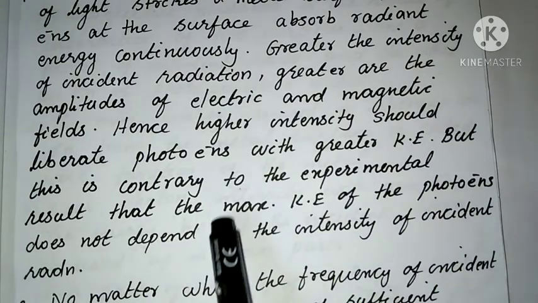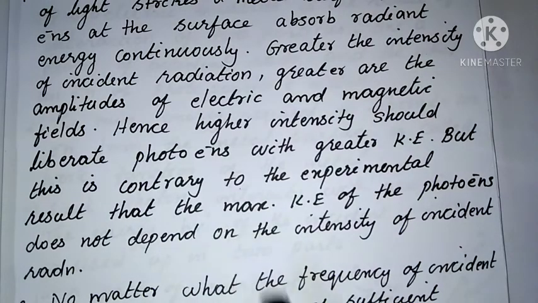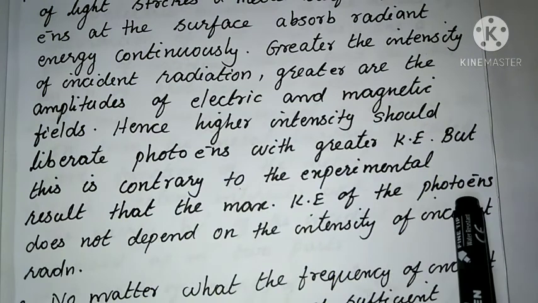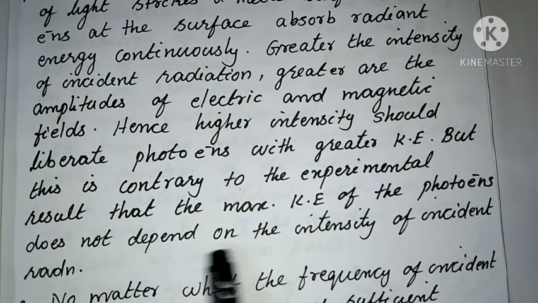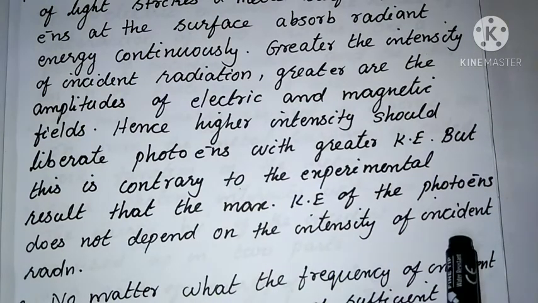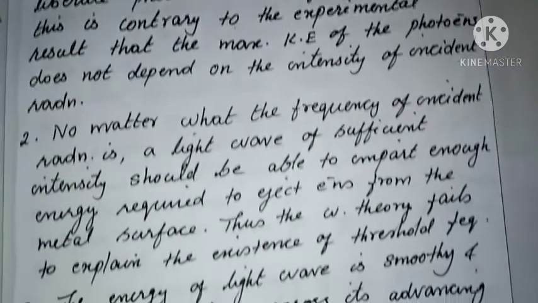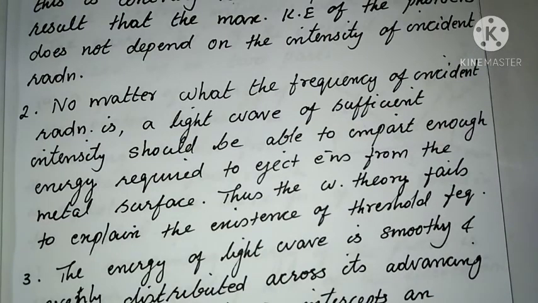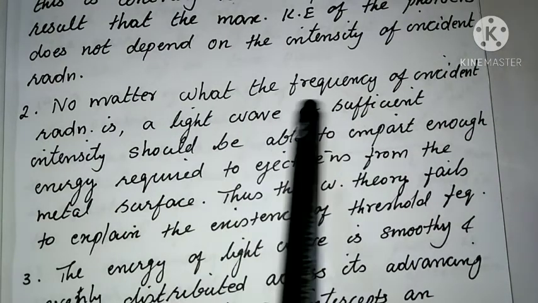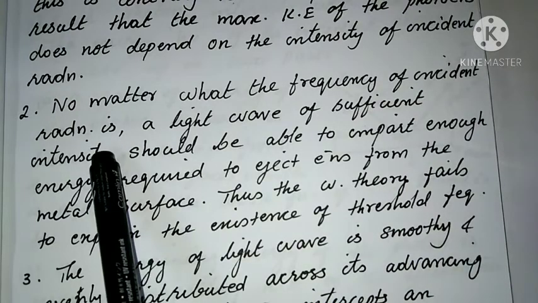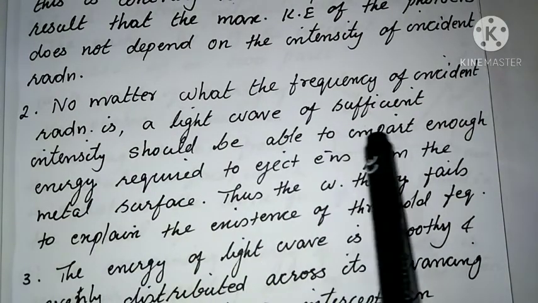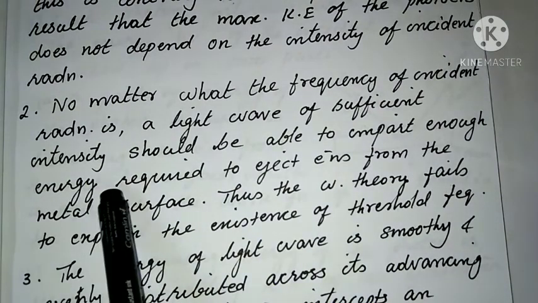What does the photoelectric effect say? It says that the maximum kinetic energy of photoelectrons does not depend on the intensity of incident radiation. It only depends on the frequency of incident radiation. Clear?